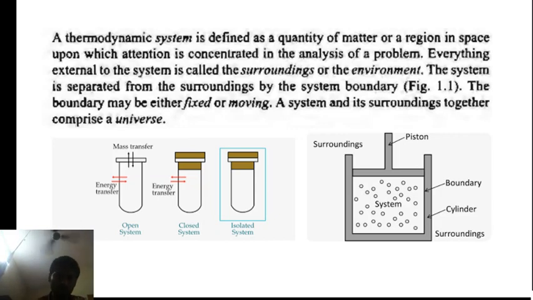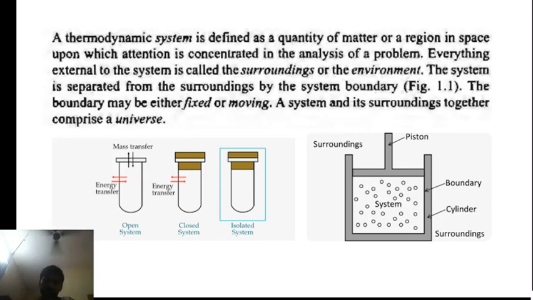Now see the closed system. Now we are keeping one device or some sealing for sealing purposes. So here it is sealed, meaning it is no longer an open system. Now the mass will not transfer. Once the water boils, it gets condensed.